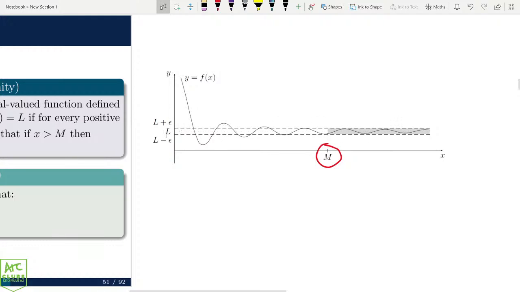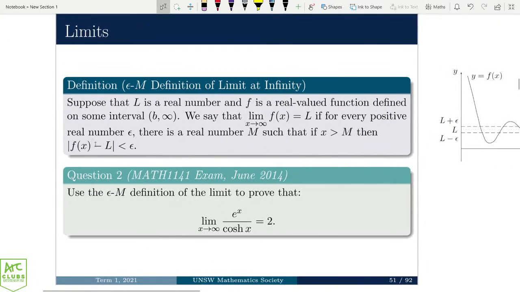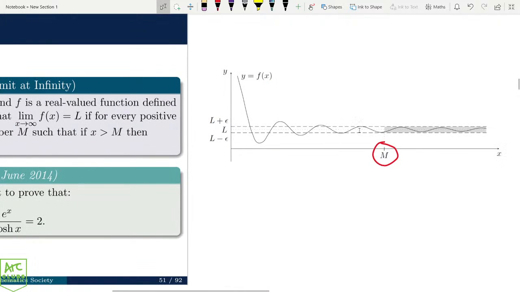And so these two boundaries are defined by L plus epsilon and L minus epsilon. So that's exactly what we have here on the left hand side. The absolute value of f(x) minus L simply refers to the distance between L and our function f(x).